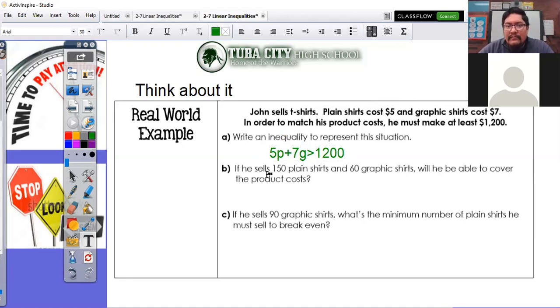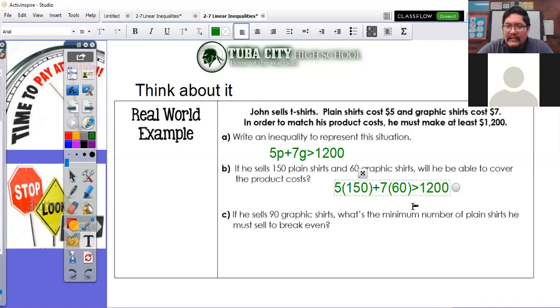Now we're going to use our inequality and answer these other two questions. If he sells 150 plain shirts and 60 graphic shirts, will he be able to cover the production cost? So 5 times 150, plus the number of graphic shirts he sold, $7 apiece, and that's 60 pieces.